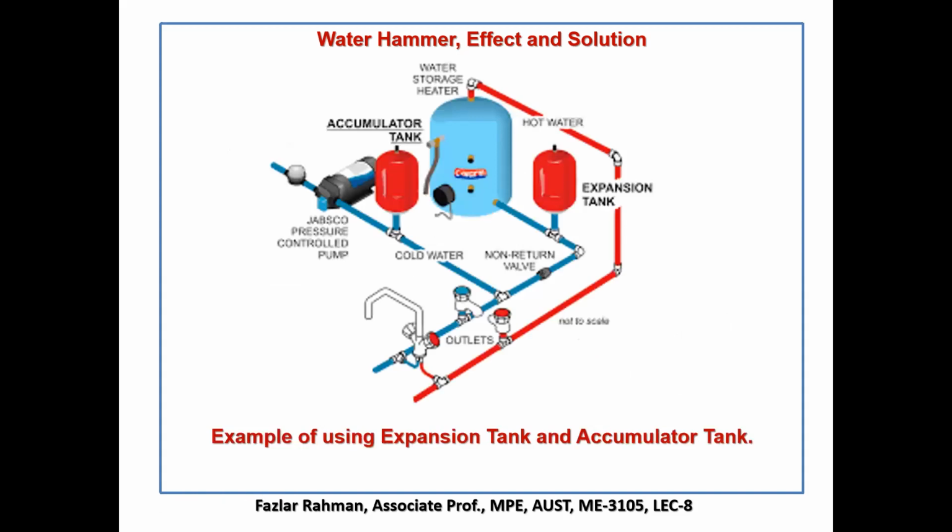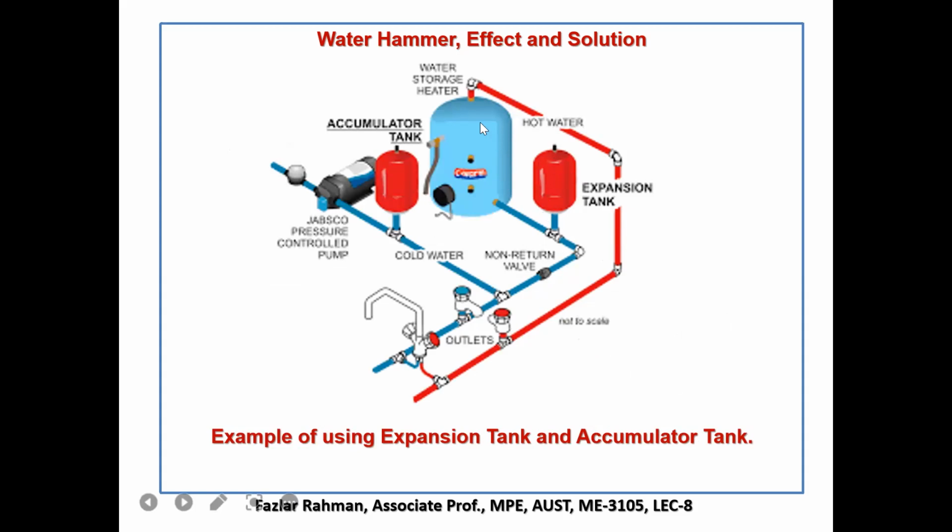Something right over here you see is an expansion tank. Say suddenly you close this valve, shutting down, so fluid will not go to the tank. In that case the remaining fluid will enter this tank.